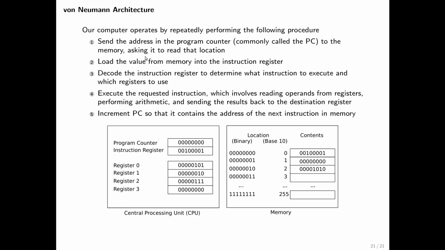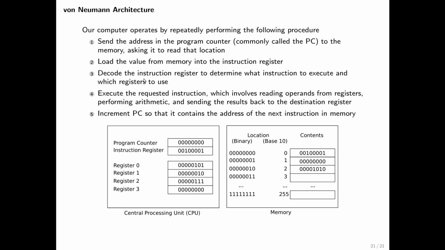And that instruction is fetched into the instruction register. And then the instruction register is decoded because we need to figure out what the operation is that the instruction encodes. And we also need to figure out information about the output register and the input registers and so on.